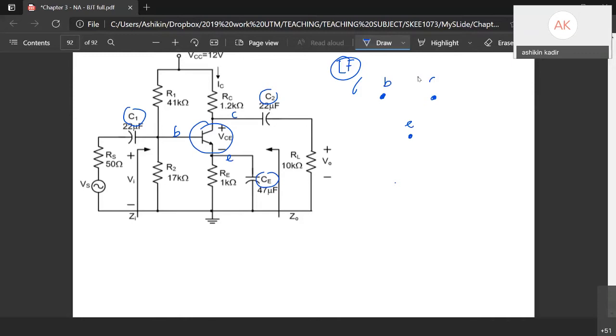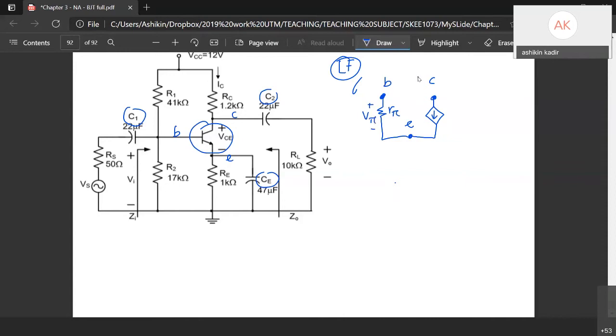From base to emitter we have pi. From collector to emitter we have a current source. This is NPN, so the arrow is from C to E. Here is R pi. Don't forget to label the V pi and R pi.